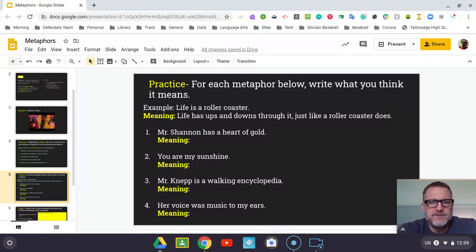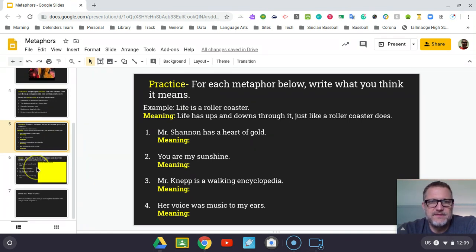We've got 4 sentences here. Number 1, Mr. Shannon has a heart of gold. Tell us what you think that means. Number 2, you are my sunshine. Number 3, Mr. Knepp is a walking encyclopedia. He's not really a walking encyclopedia, but what does that mean? And number 4, her voice was music to my ears.